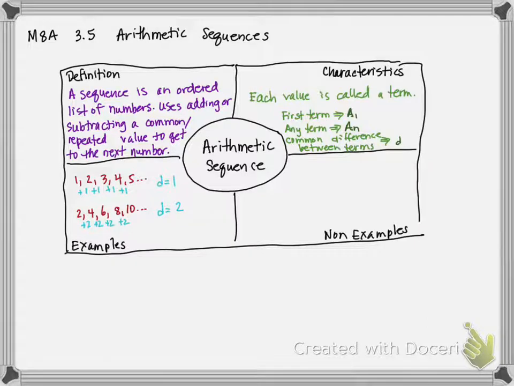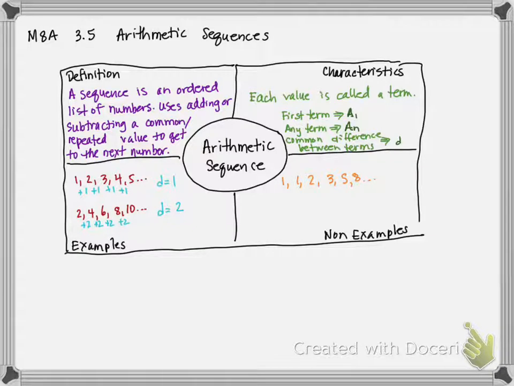All right. Let's give you a couple of examples of patterns that aren't arithmetic. 1, 1, 2, 3, 5, 8, and so on. Now, this is a pattern, and it's predictable how to get to the next one, but it's not arithmetic.